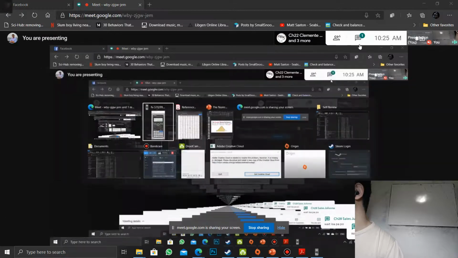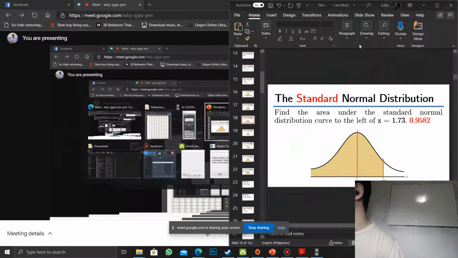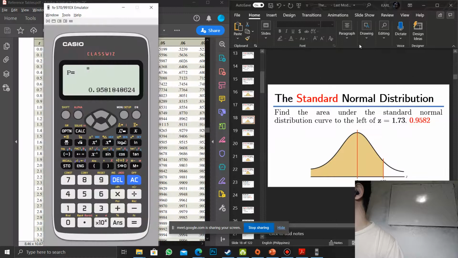Isa pa. Game. 7. Punta ka sa distribution, punta ka sa 2. Normal CD. Okay? Lower, super large. Kasi di ba left of 1.73? O, left. So, lagi ka ng sobrang laking negative number. O, yan.